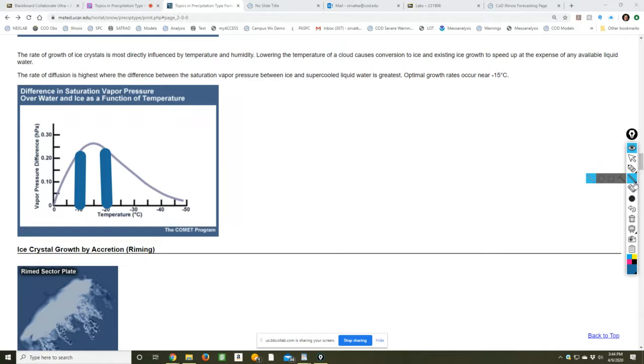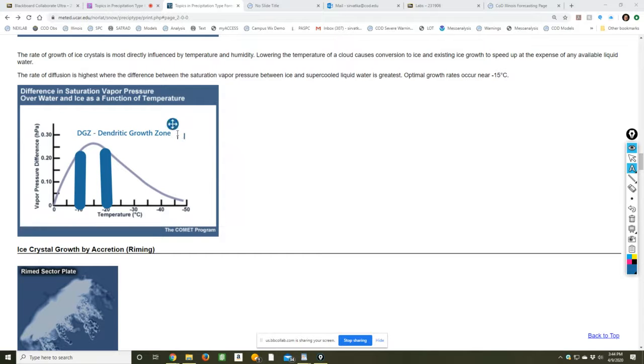And this area, this thing that we talk about, is called the DGZ, which stands for the dendritic growth zone. So that's in this area from about -10 to -20.